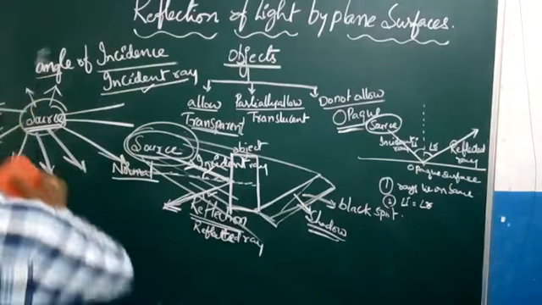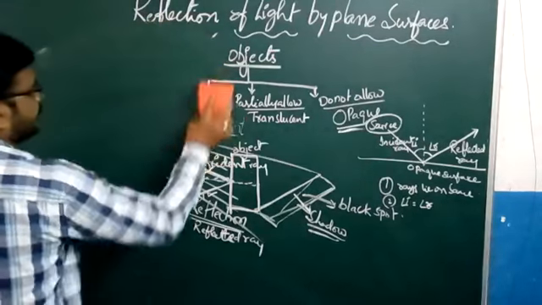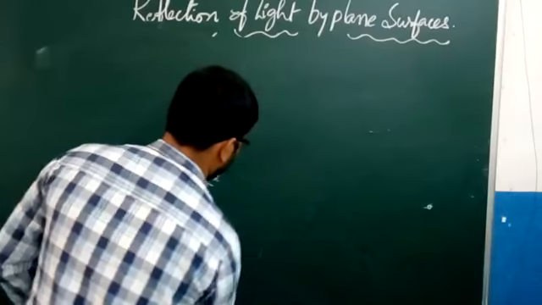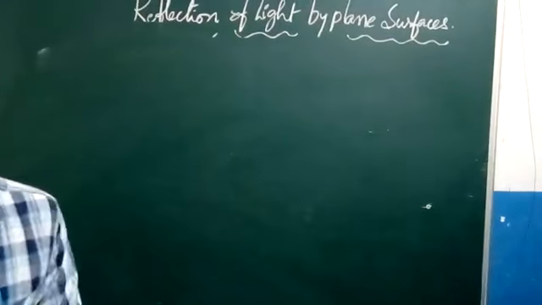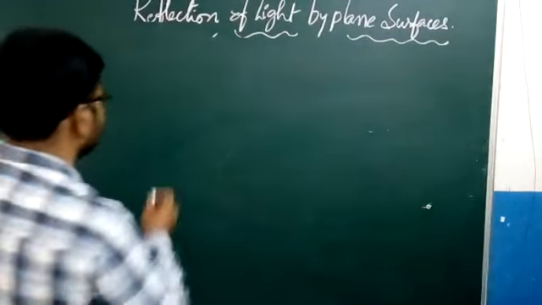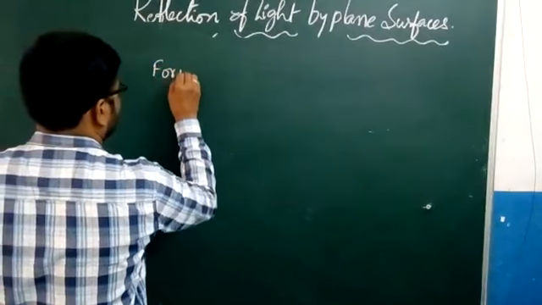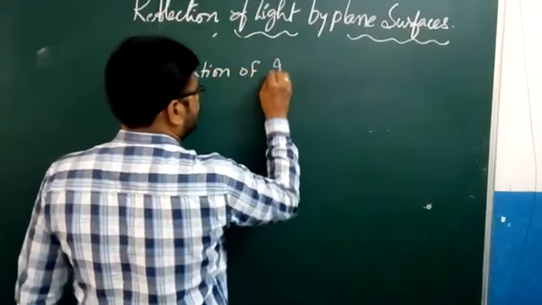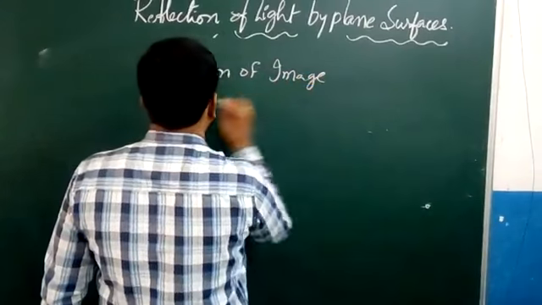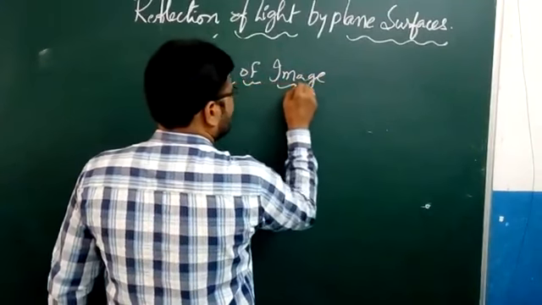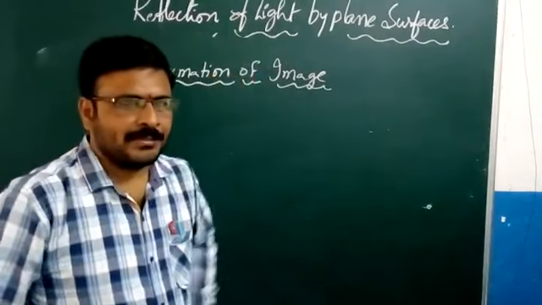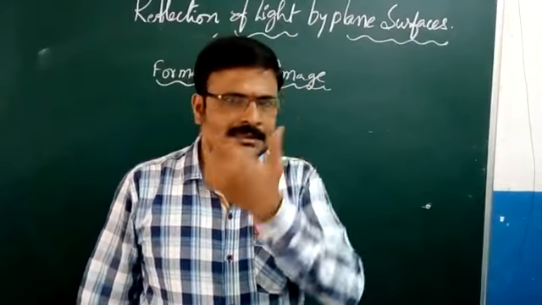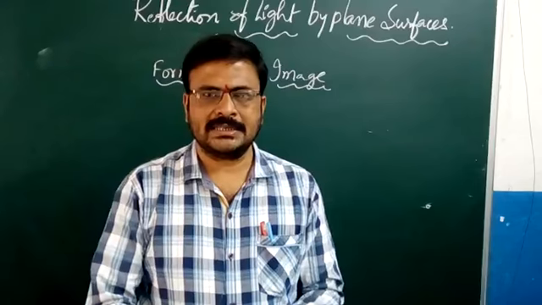So, formation of image. How does the image form? In the mirror we are seeing our face. So is this really our face which is there in the mirror?